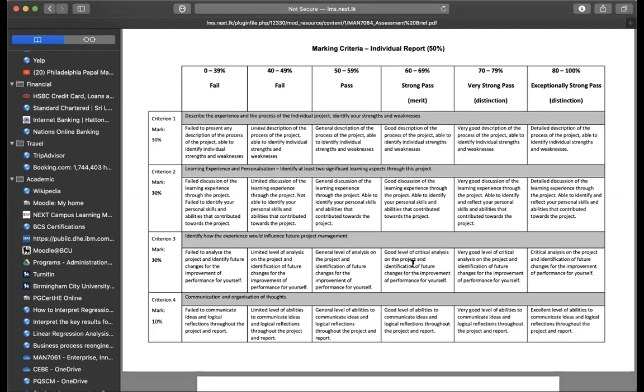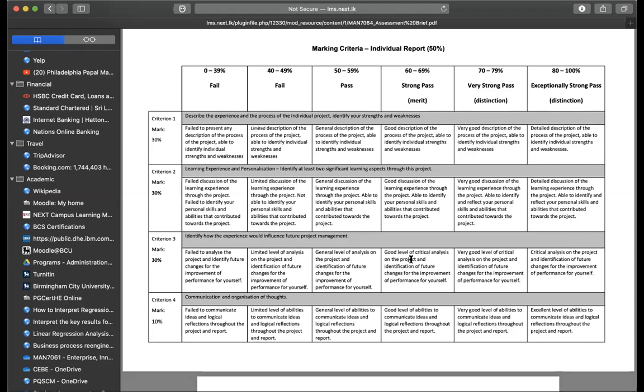JJ, as my colleague requested, would you have a sample reflection? Okay, what I'll do is I will post a sample reflective paper, 1 or 2, on the Moodle. Super, thanks.